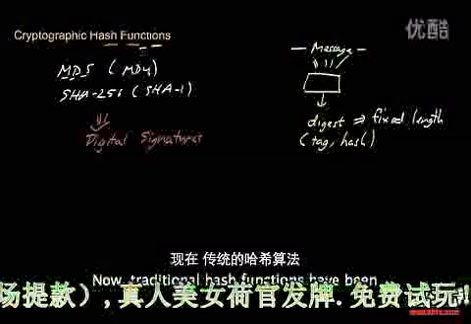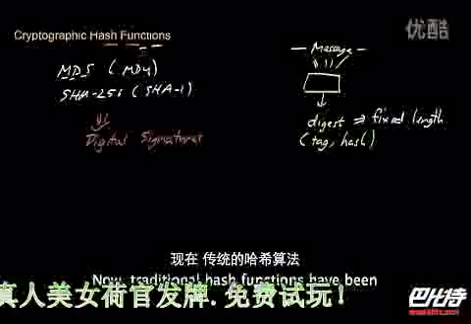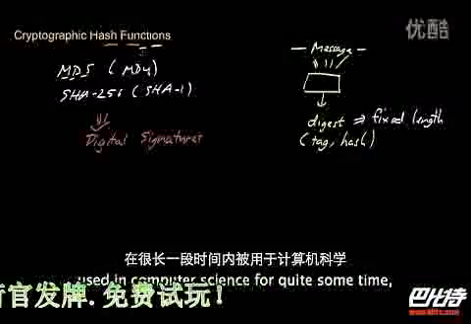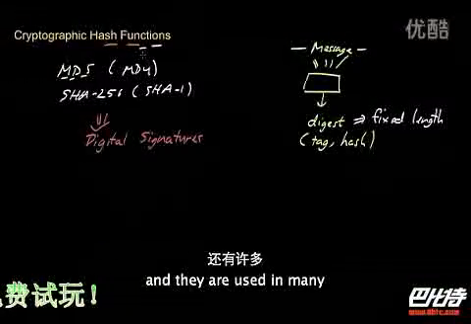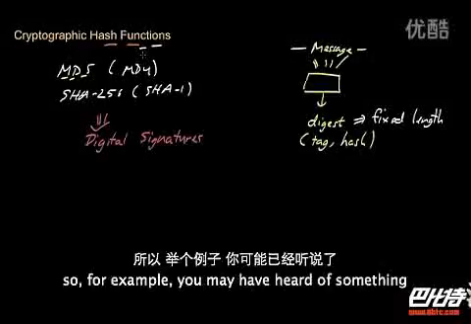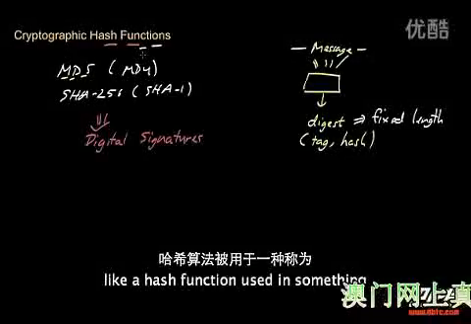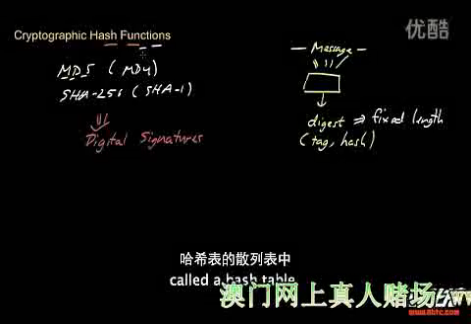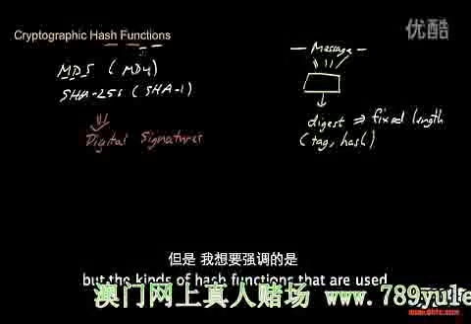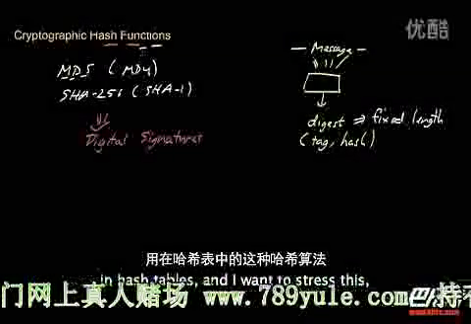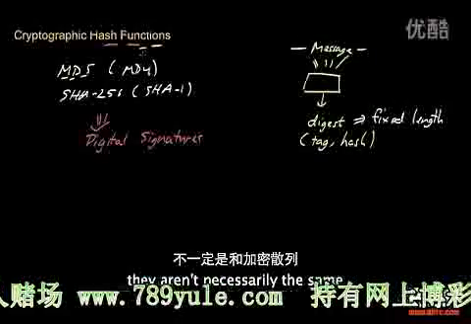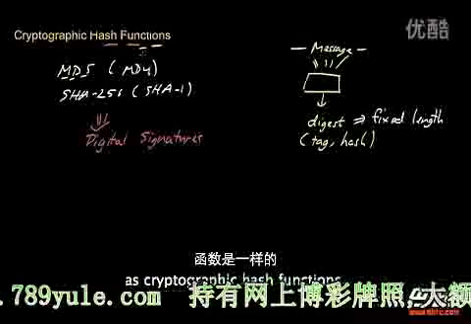Okay. Now, traditional hash functions have been used in computer science for quite some time, and they are used in many computing applications. So, for example, you may have heard of a hash function used in something called a hash table. But the kinds of hash functions that are used in hash tables, and I want to stress this, aren't necessarily the same as cryptographic hash functions.